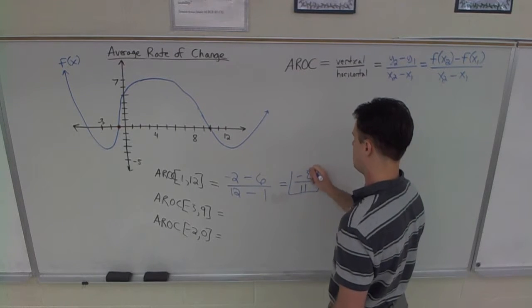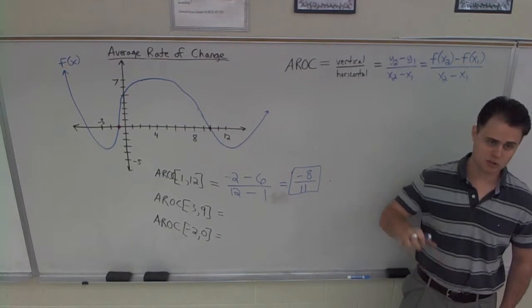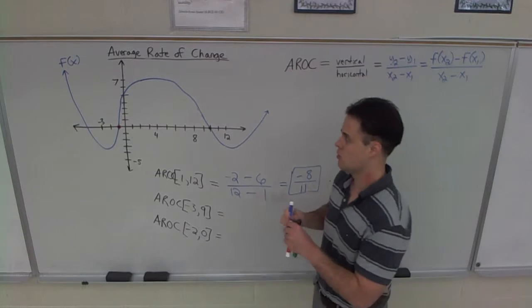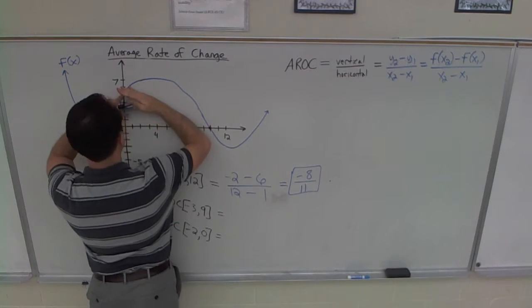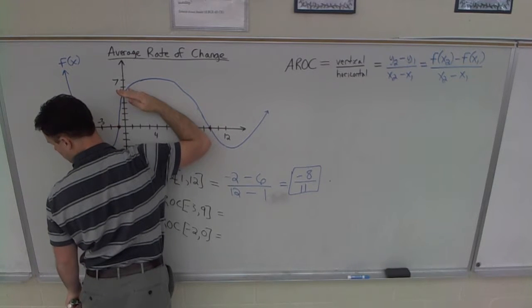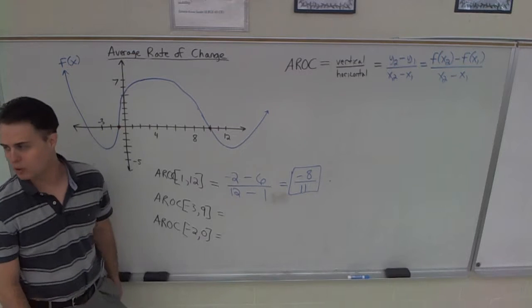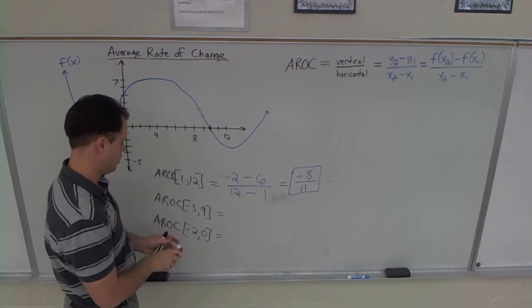That's the slope, -8 elevenths. -8 elevenths is close to -11 elevenths, which is a nice 45-degree angle. Let's see if that makes sense. If I connect this point with this point with a line, is the line negative or positive? Negative. Clearly negative. And a medium slope. There you go.